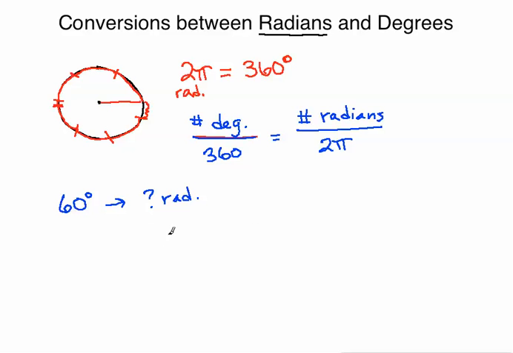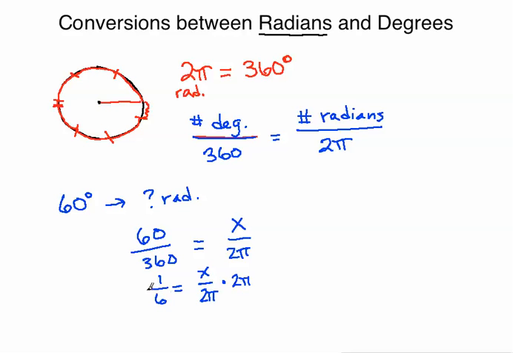So let's say we wanted to go from 60 degrees to radians. What we do is we would say, okay, 60 over 360 equals x over 2 pi. Well, 60 over 360 is going to be simplified as 1/6. And then to solve, we need to multiply by 2 pi, and you want to leave radians with pi as part of your answer.